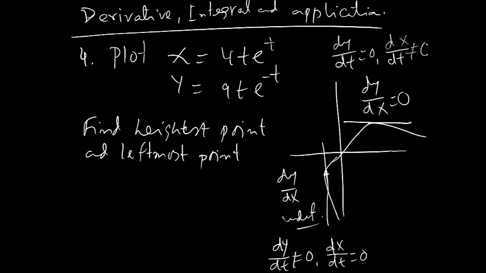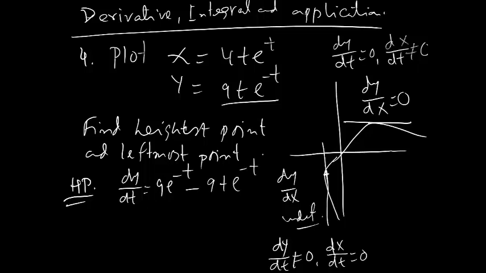Okay, so this basically we have to use. First we plot, and then we find the highest point and the leftmost point. For the highest point, you have to set dy/dt to 0. So dy/dt, you can use the product rule: 9e^(-t) minus 9t e^(-t), set equal to 0.